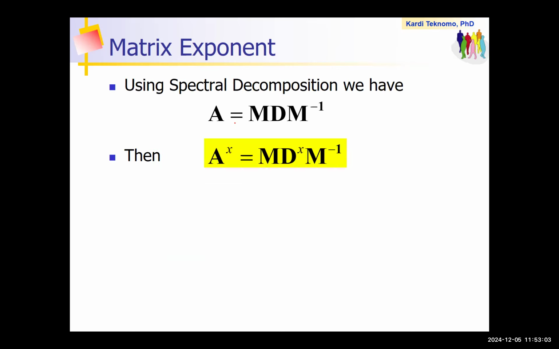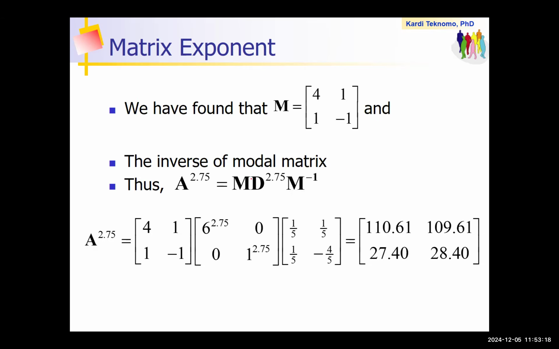So in that case, any exponent of the diagonal is related to the exponent of A. We know the modal matrix is this one, and the diagonal is this one. So A exponent 2.75 is the same as the modal matrix multiplied by the diagonal exponent 2.75, and then the inverse of the modal matrix.